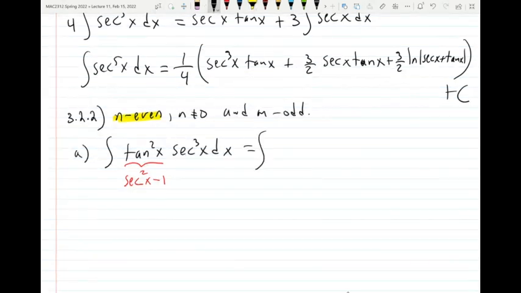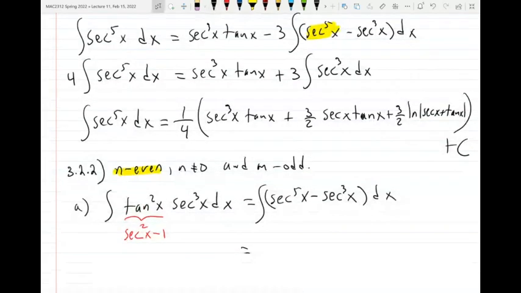So, this is secant to the fifth minus secant cubed. And we can actually be a little bit clever now because we already did both of these, and we could just put them in and subtract. In fact, we can be even more clever.